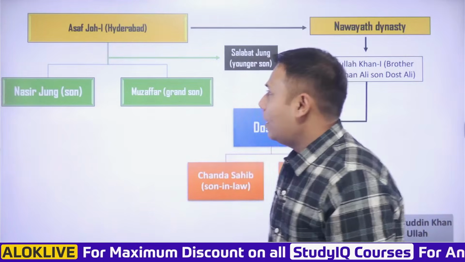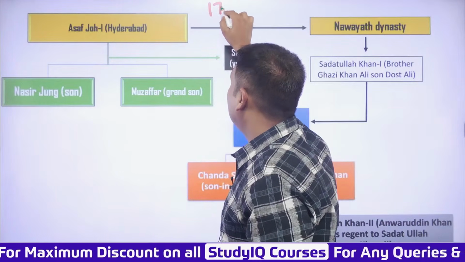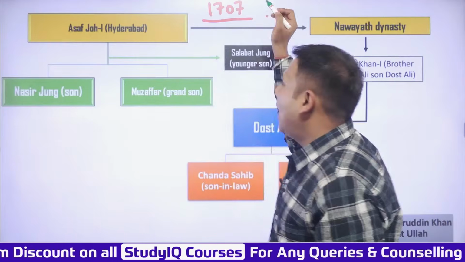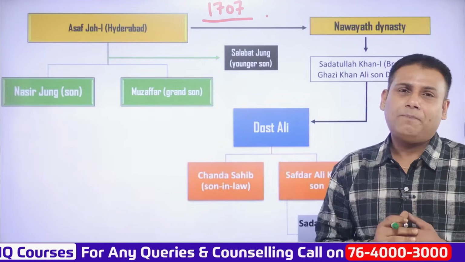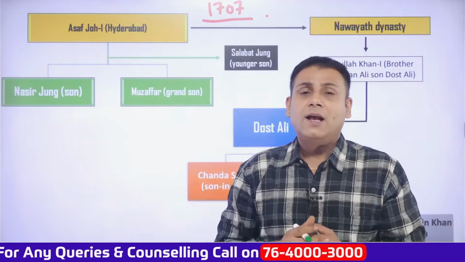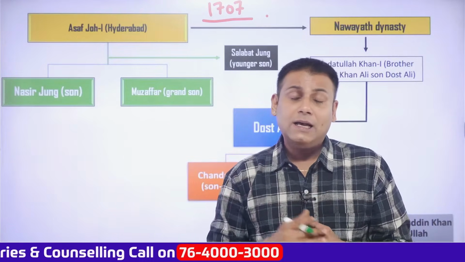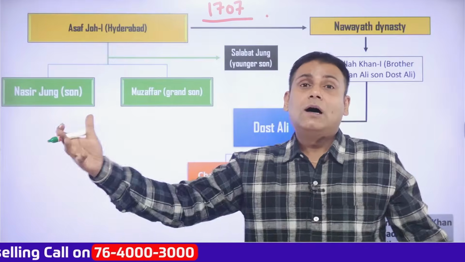Now, Aurangzeb passed away in 1707. After Aurangzeb, there was a series of weak successors, such as Bahadur Shah, Farrukhsiyar, and then Muhammad Shah Rangila.